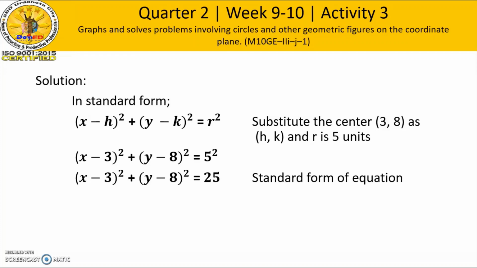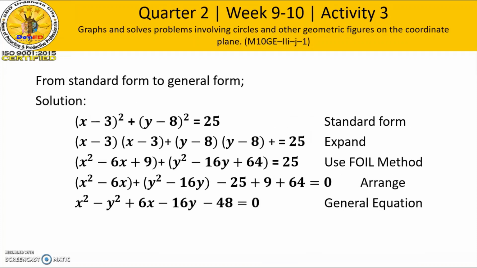But the problem is asking for the general equation of the circle. So in order to find the general equation of a circle, we have to expand the standard form. (x - 3)² and (y - 8)² are expanded by using the FOIL method.